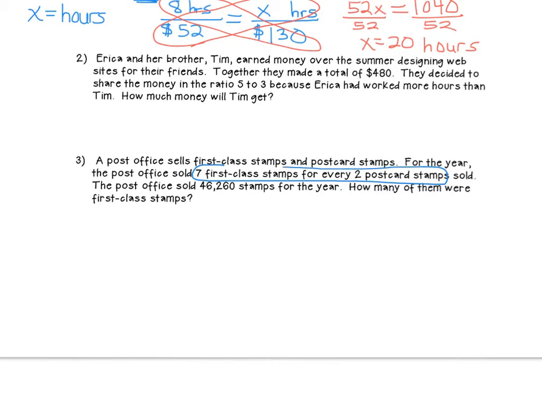That's important, and that all goes together. It's in one sentence and it goes together. The post office sold 46,260 stamps altogether. How many of them were first class? Okay, there's the question. How many of them were first class? Okay, I'll use X for first class stamps.